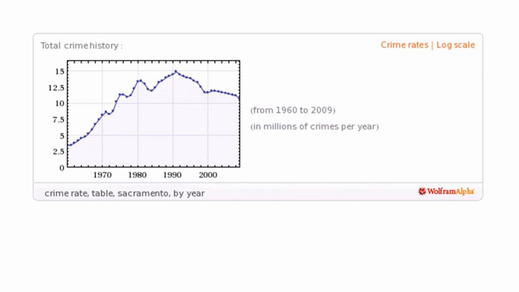Actually I don't think this is Sacramento, I think this is United States crime rates. So in 1970 there was probably around 8 million crimes, and in 1991 there were about 15 million crimes. So you can see each year has a certain level of crime. So this is definitely a function as well. And by the way, any vertical line that you try to draw through this data will only hit that curve once.